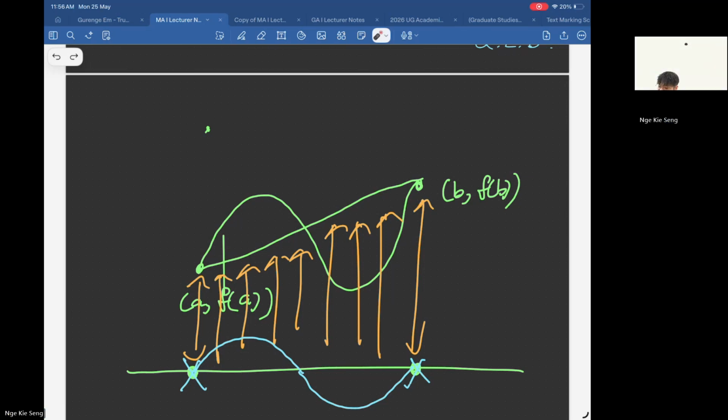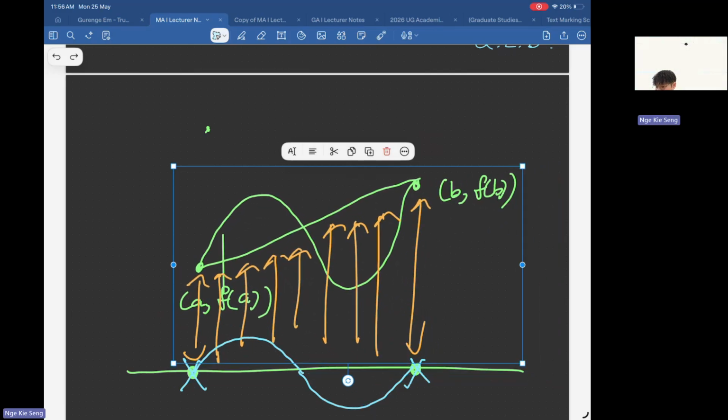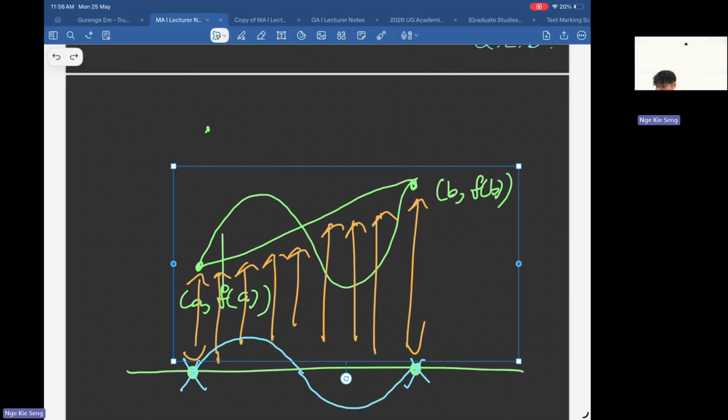You still keep the general shape, because if you do rotation, your local minimum could change. You just take some difference such that your two endpoints have the same value.